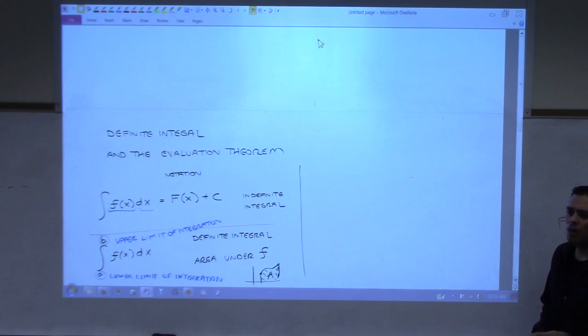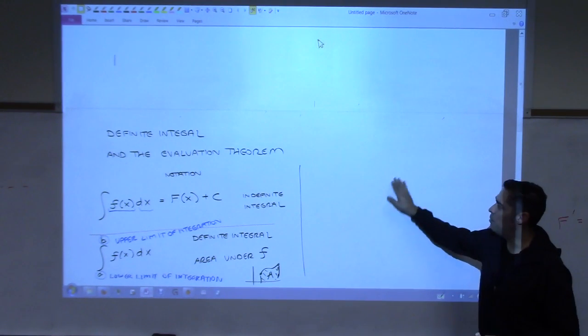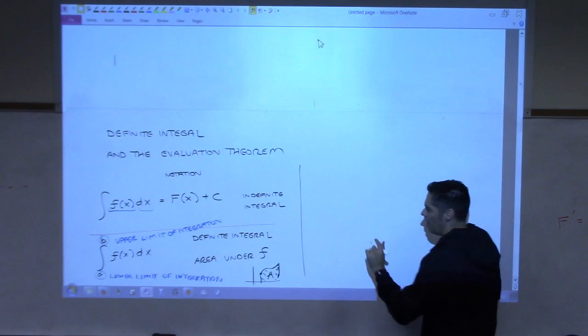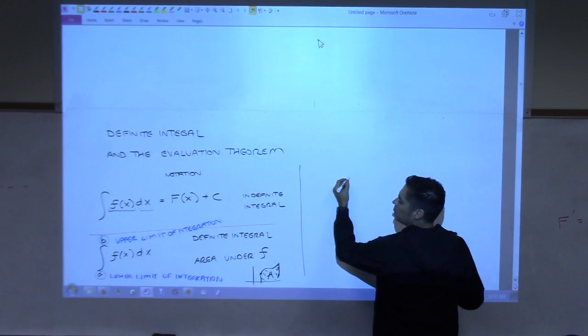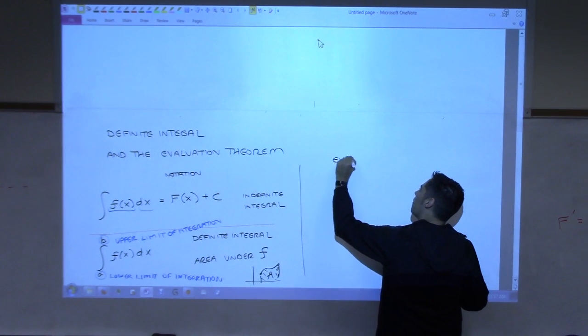So I think it's time for us to do an example, but I'm going to put the formula up here and then use it. So just write this down right now. Evaluation theorem.